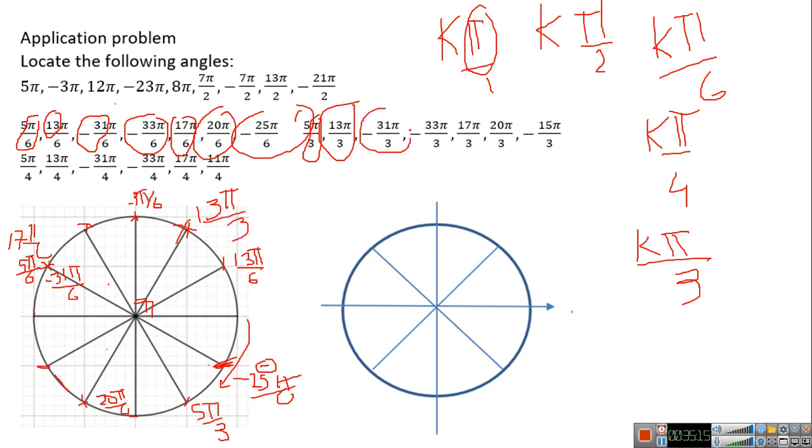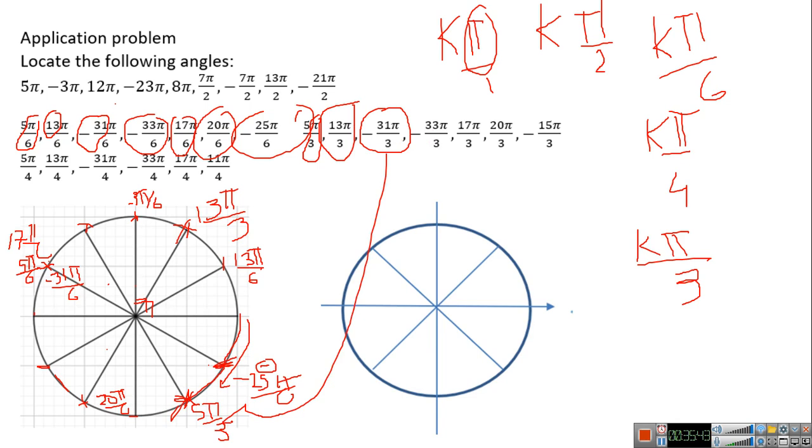I want minus 31 pi over 3. That is minus 62 30s. We know that 60 is a multiple of 12, because 5 times 12, so you have minus 5 rotations. Minus 62, minus 60, remains minus 2. So this point here, minus 1, minus 2, is minus 31 pi over 3.